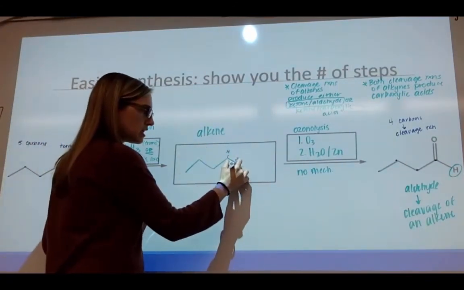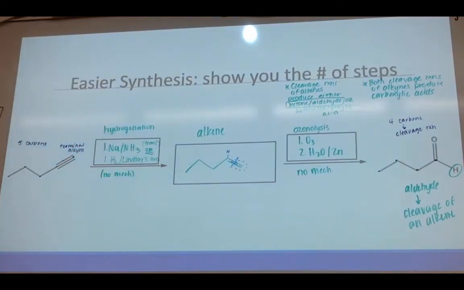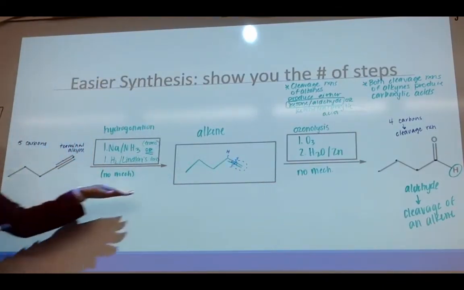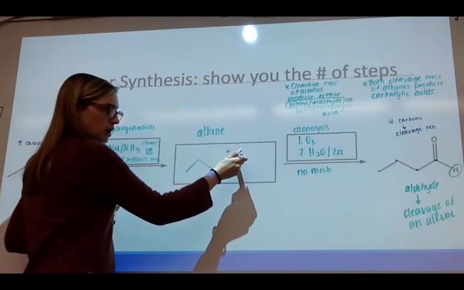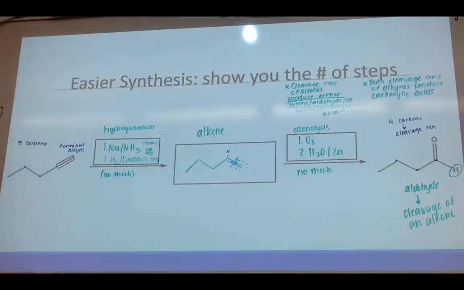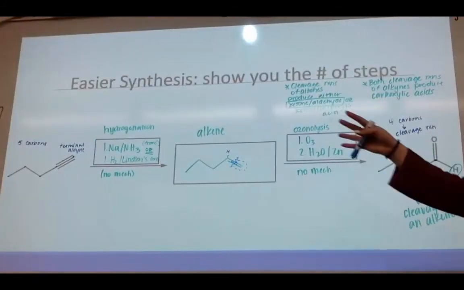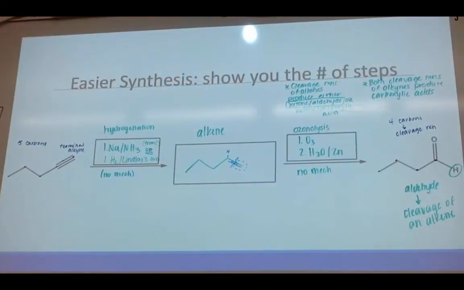We don't see this product over here. All we see is this main product. But drawing this squiggly line and then an O here just helps you to see what that cleavage reaction looks like. So you have to take your starting reactant, look at that product and see what you would form.